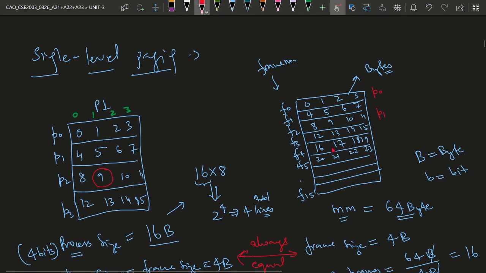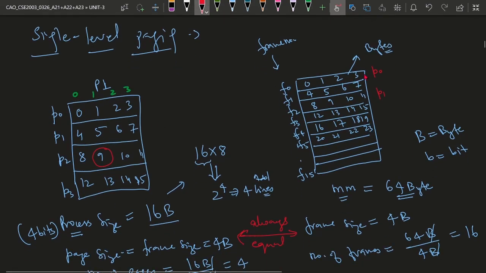For an example, we are considering that page P0 is stored at the F0 location, P1 is stored at F2, P2 is stored at F4, frame number 4. Similarly, P3 is stored at F5.